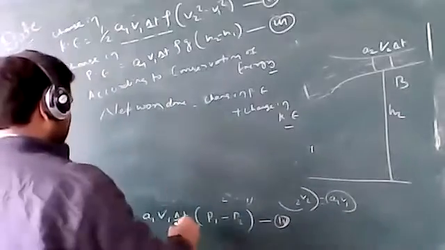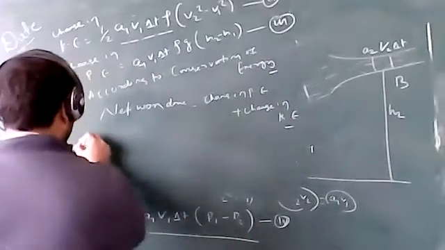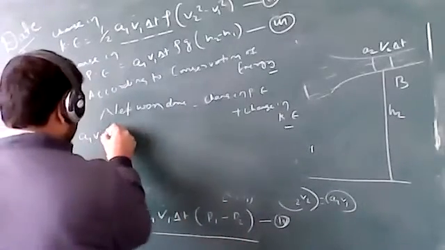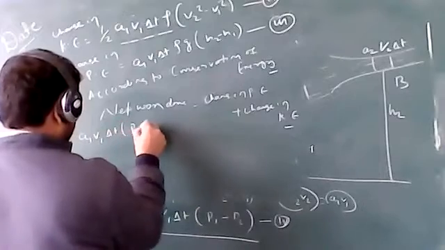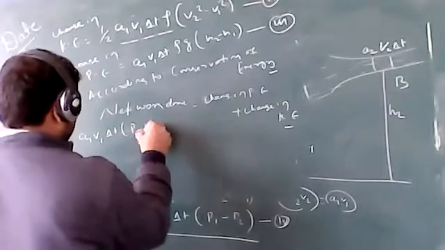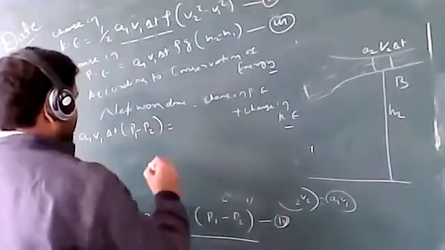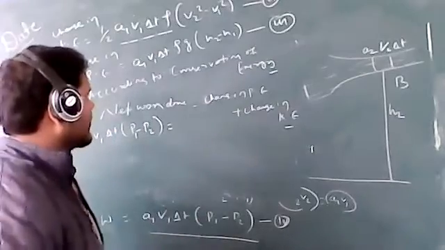So net work done is A1 V1 delta T into P1 minus P2, equal to change in potential energy plus change in kinetic energy.